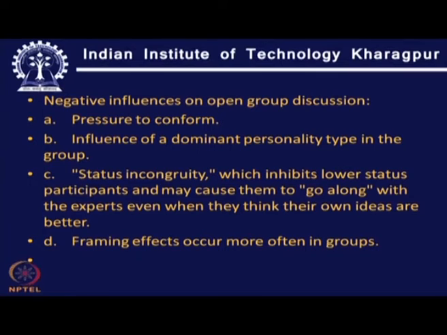In groupthink, what happens? It's a phenomenon in which the norm for consensus overrides the realistic appraisal of alternative courses of action.